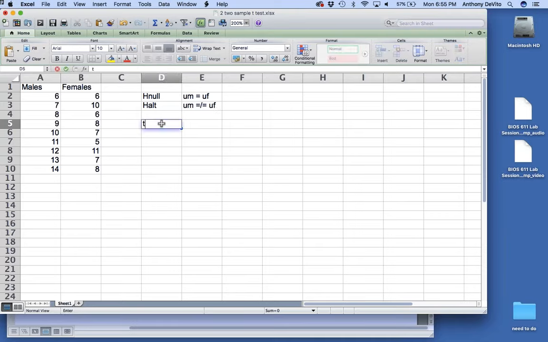How do I calculate the t-value now? I don't have an x bar and a mean. I have two x bars, don't I? Right, I have x bar for females, minus x bar for males. I'm going to take the difference between the two sample means and divide it by the standard error.